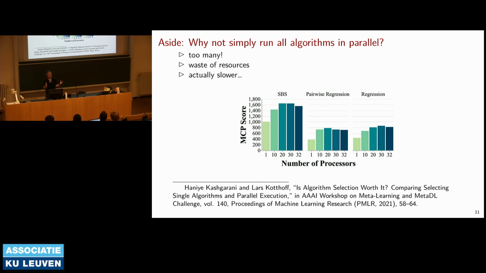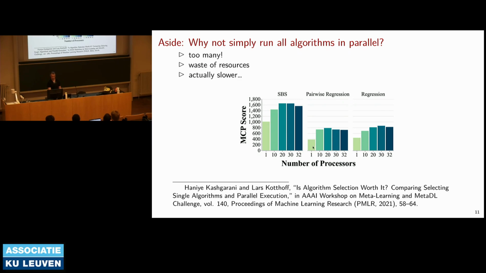It's also a massive waste of resources, because you're running a factor of 10 more than you really need to. And if you run this on an actual machine, which I'm assuming you're going to do, it tends to be slower in practice once we hit about 10-ish algorithms running in parallel.